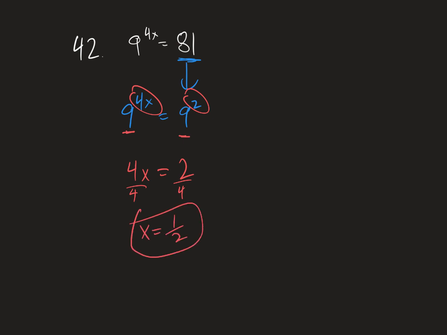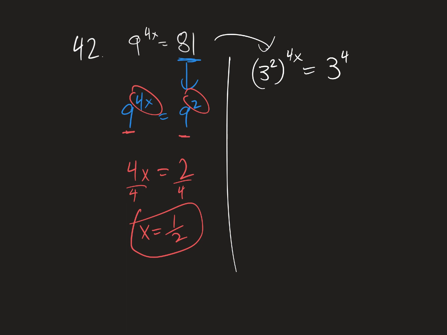Now, just as a statement to show that you could do this with any base, let's say you decided to rewrite both of them. What if you rewrote 9 as 3 squared to the 4x power equals 81, which is 3 to the 4th power. I just want to note this is equal to 81. And if we simplify this, we get something like this.